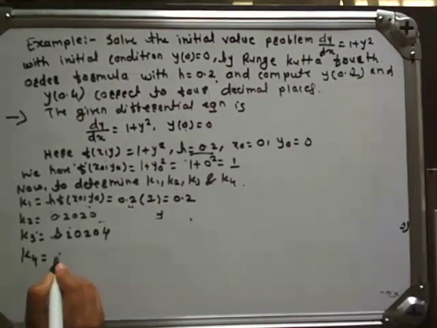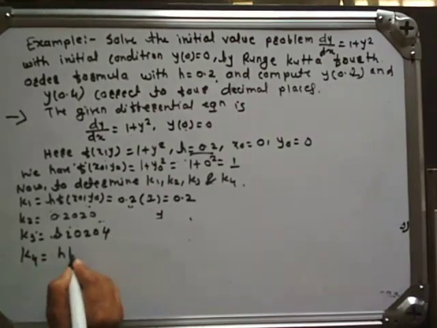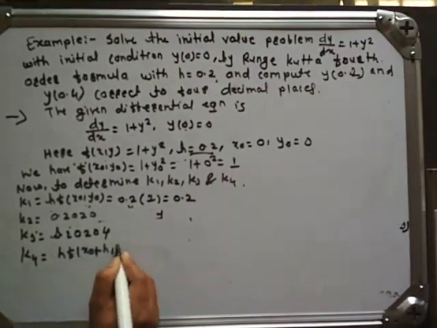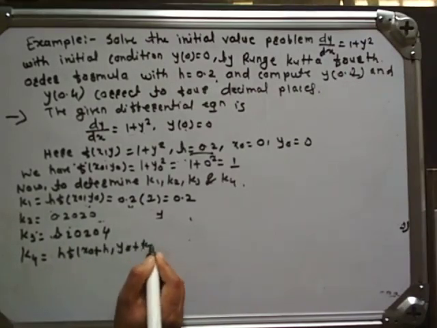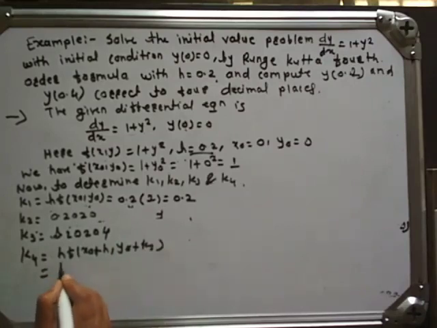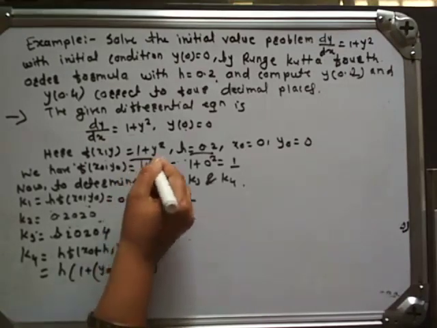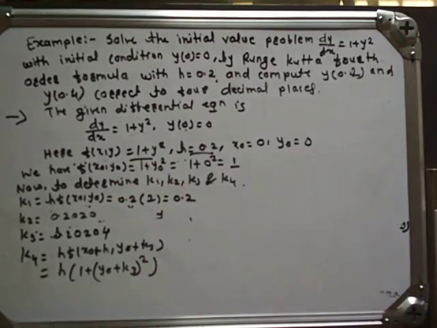K4 is equal to h into f of x0 plus h comma y0 plus k3. So h into 1 plus y0 plus k3 bracket square, because f of x, y is 1 plus y square.